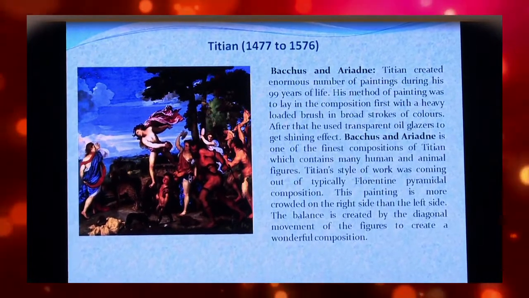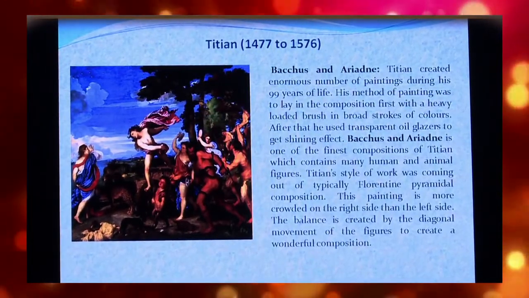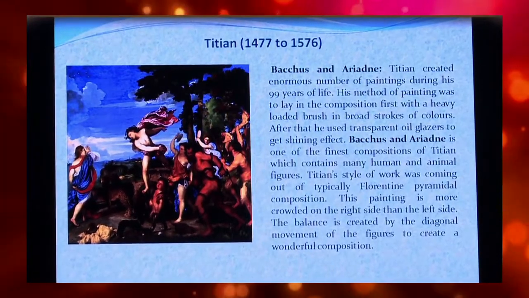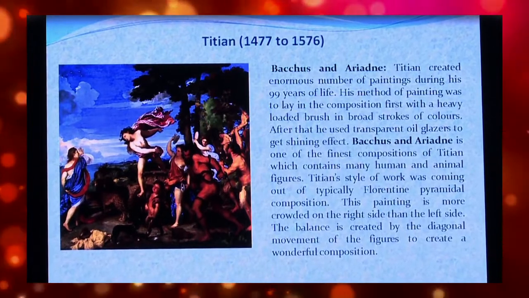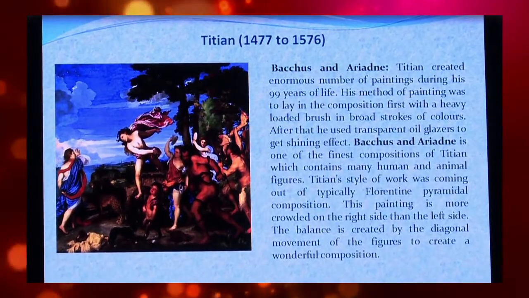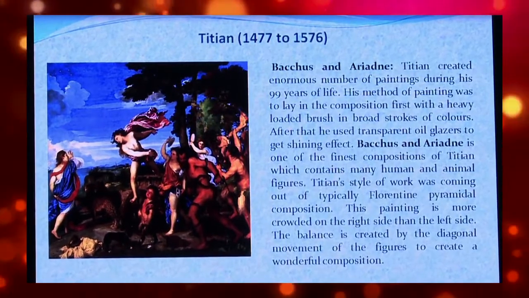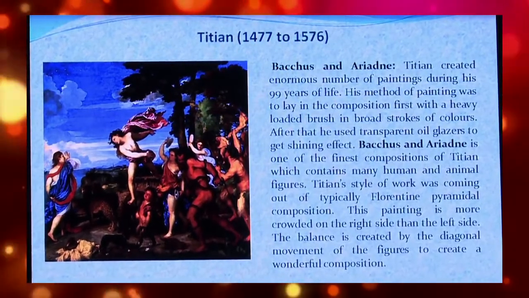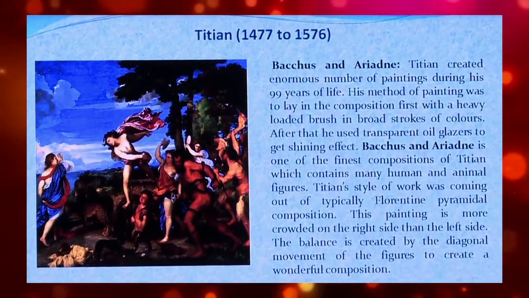Bacchus and Ariadne is one of the finest compositions of Titian, which contains many human and animal figures. Titian's style of work was coming out of the typically Florentine pyramidal composition. This painting is more crowded on the right side than the left side. The balance is created by the diagonal movement of the figures to create a wonderful composition.